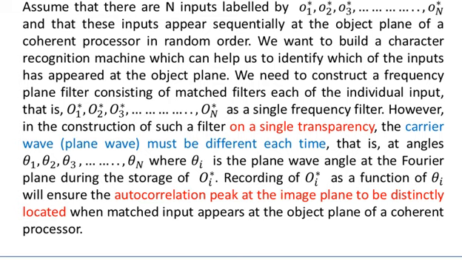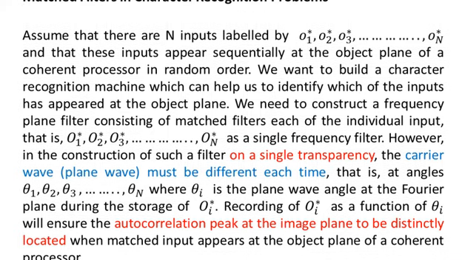So you see that we want to record over the frequency. Recording of the frequency plane filter is the main task. So we shall present one input, for example small o1 star, and then its spectrum, which is capital O1 star, will be recorded. But you know that in the recording we are using a plane wave as a reference wave at the Fourier transform plane. That plane wave has an angle theta 1.